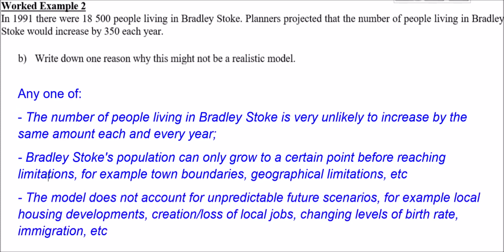Another thing you might say is that this model doesn't account for unpredictable future scenarios. Anything could happen in the future. There could be local housing developments, a creation or loss of jobs, which could change the population. People might leave or come in for new jobs, changing levels of birth rate, immigration, and so on.